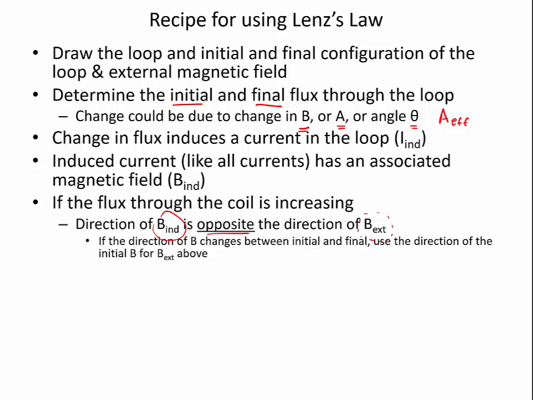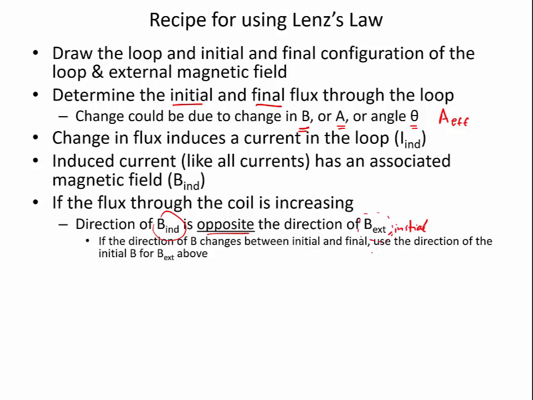And because we said that one of the conditions that causes a change in flux is a change in the external magnetic field, B itself could be changing, and it could be changing in such a way that its direction changes as well. So in the special case that the direction of B changes between the initial and final values, then we want to use the direction of the initial B for this external. So I could just write here also initial to be clear.